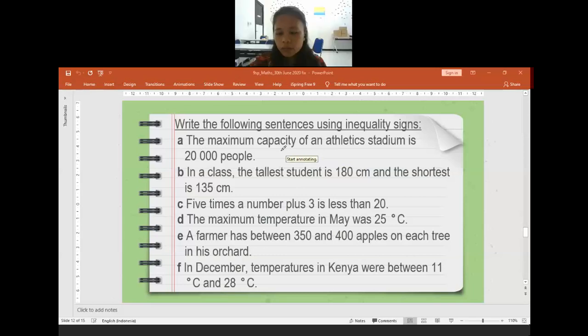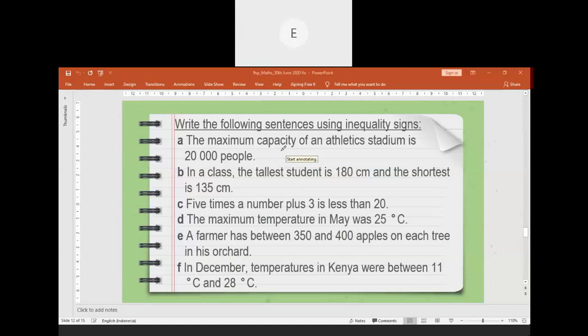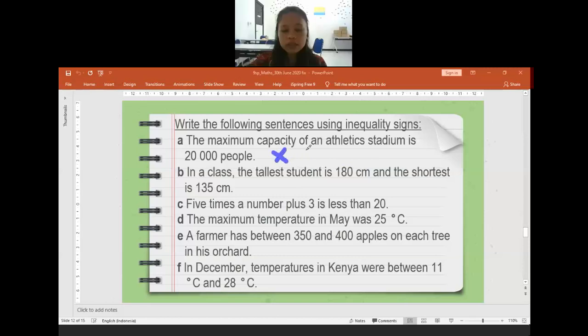How do I have to write it if the maximum capacity is 20,000? There are 4 options: x is bigger than 20, x is bigger than or equal to 20, x is less than 20, or x is less than or equal to 20. Which one? Yeah, x is less than or equal to 20.